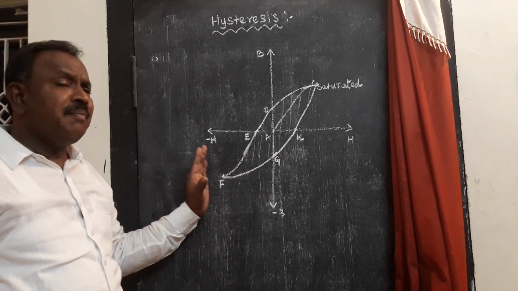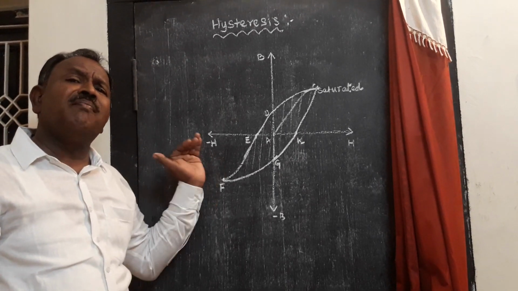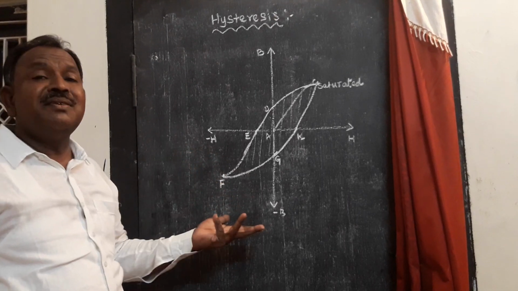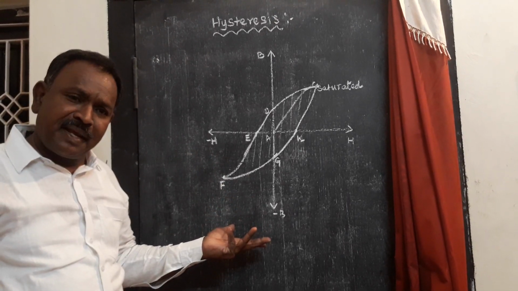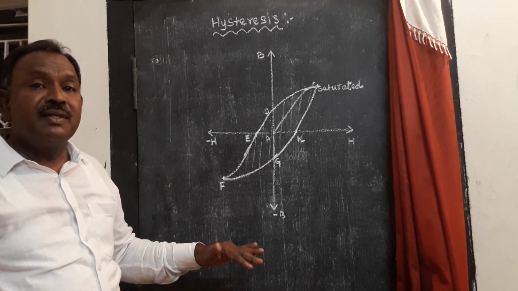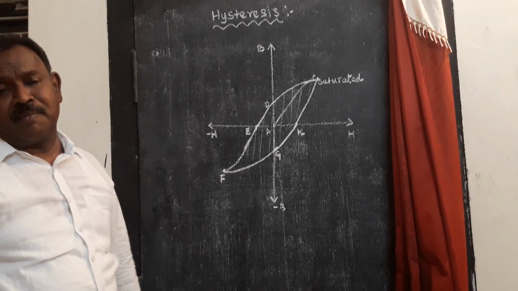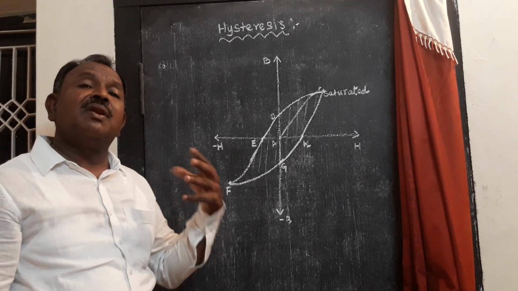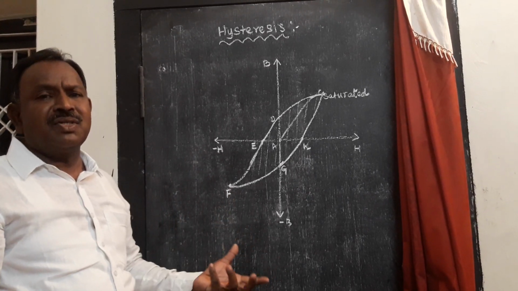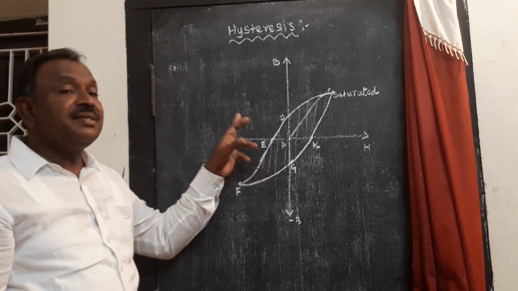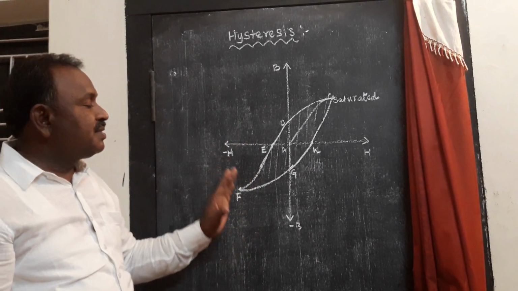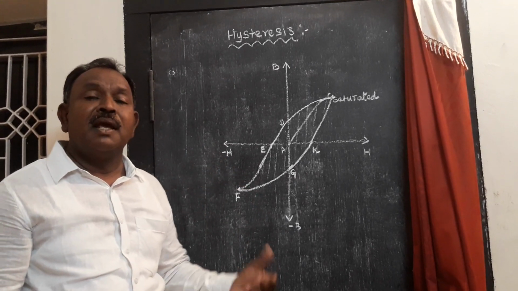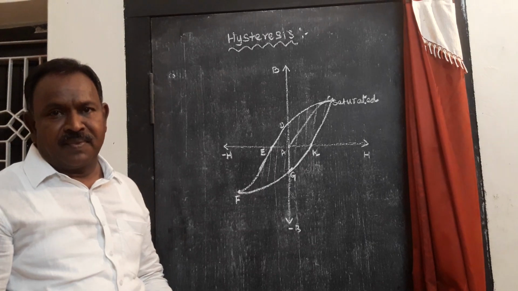So when a magnetic material is taken through a cycle of magnetization, all the magnetizing energy given to the magnetic material is not utilized to magnetize it. Some amount of magnetic energy is lost, and this loss is called hysteresis loss, which is dissipated in that magnetic material in the form of heat energy.